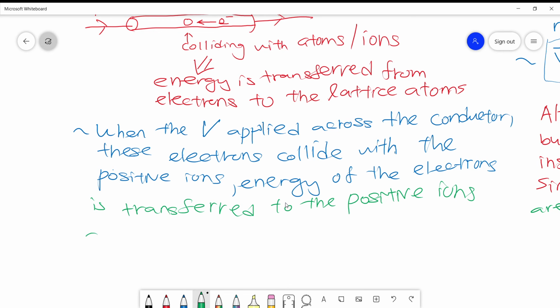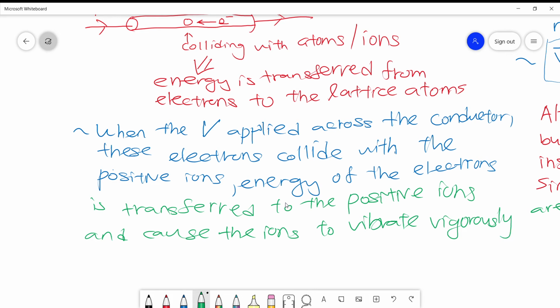and causes the ions to vibrate vigorously. Hence the heat energy is transferred.